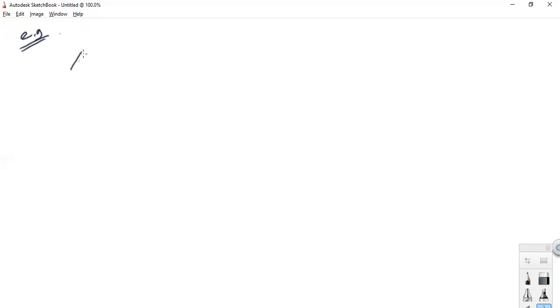let's say we have this benzene ring. Let's not draw it this way, let's do it in a different way.